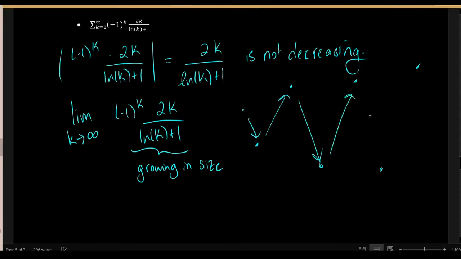So based on that, the limit of the original sequence does not exist. And because of that, the divergence test kicks in and says this series does not converge.